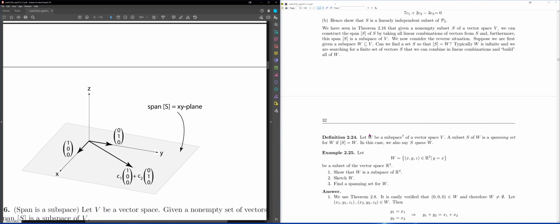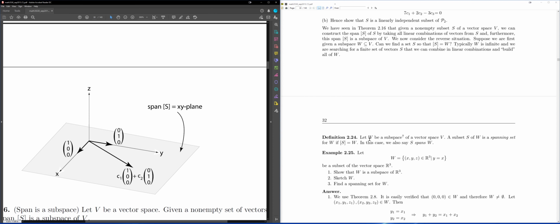If you have a subspace, I want to find some vectors such that when I take the span of them, I get the subspace. So suppose I didn't know what S was over here, and all I had was the xy plane to start off with.